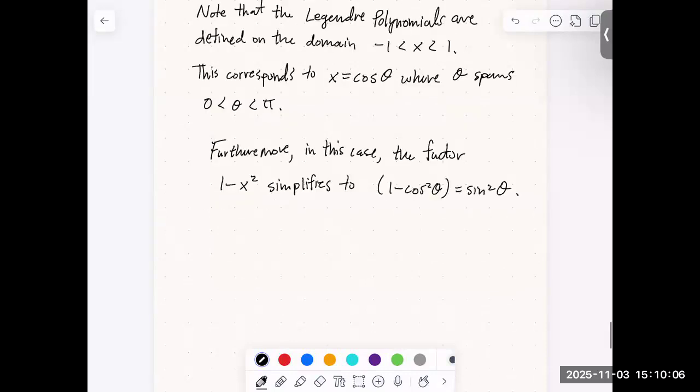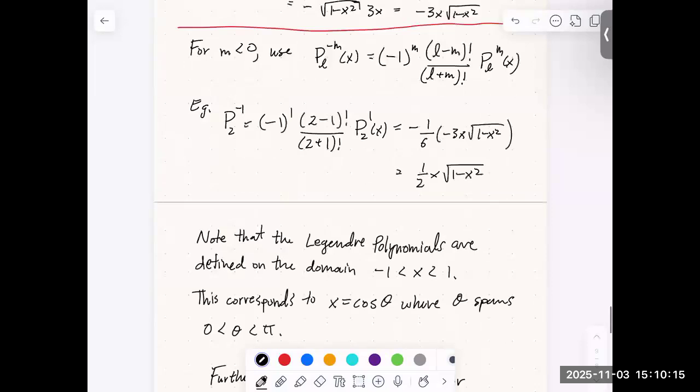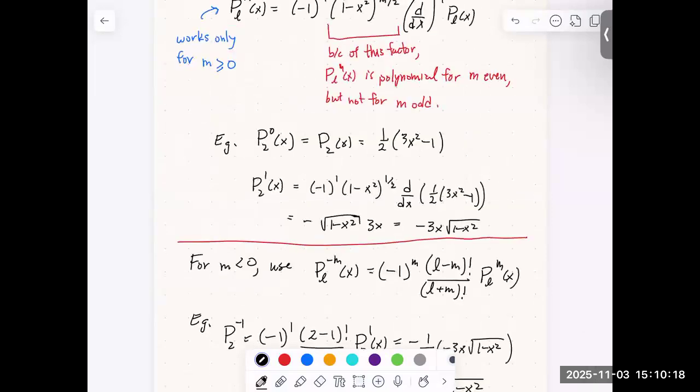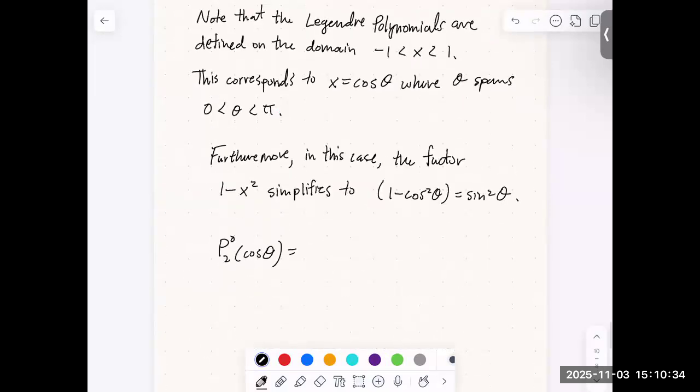Okay, so let's see. P20 of cos theta. Well, what's that going to be? We said P20 is here. Okay, so if we put in cos theta for x, we just get 1/2 of 3 cos squared theta minus 1. So 1/2 of 3 cos squared theta minus 1.